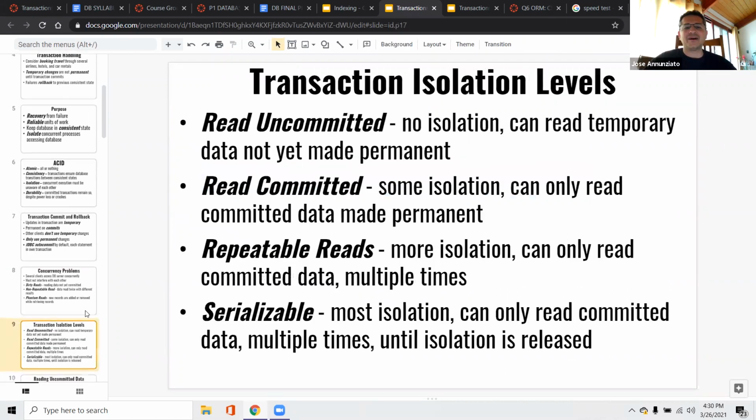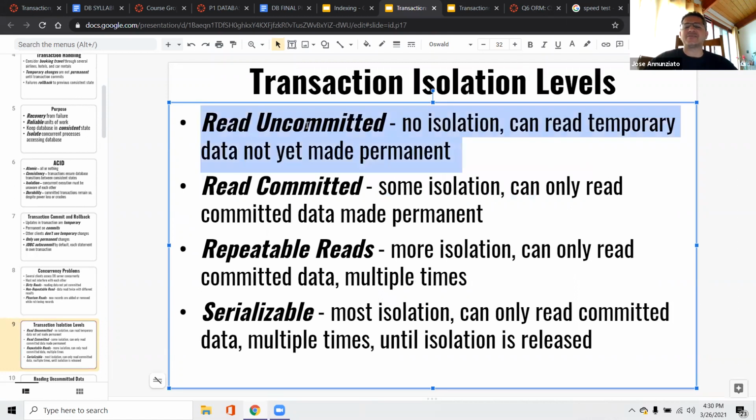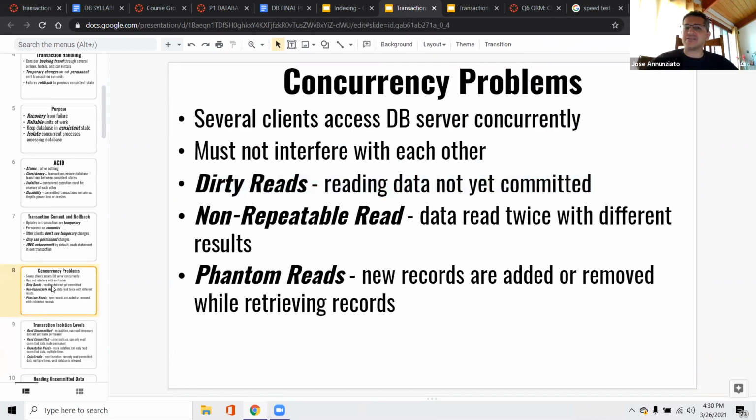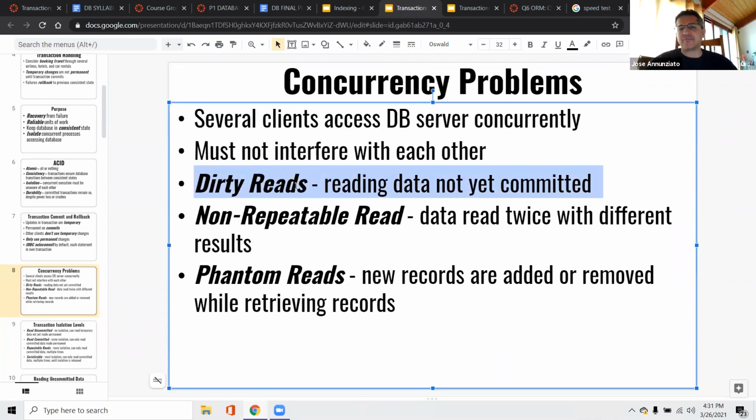That is the lowest isolation level, meaning no isolation whatsoever. Everybody can see whatever everybody else is doing without waiting on each other. When that happens, we can encounter this type of problem: dirty reads. You're reading something that is dirty, it hasn't yet been settled.